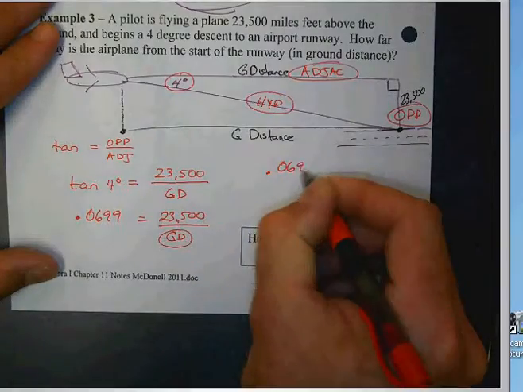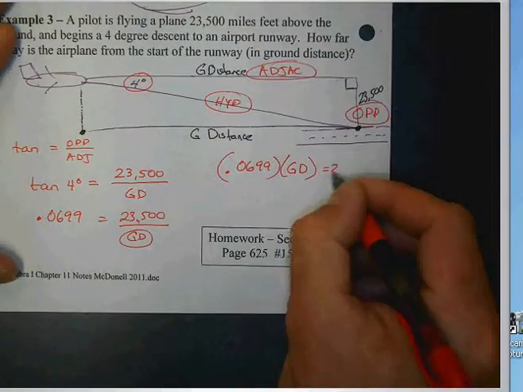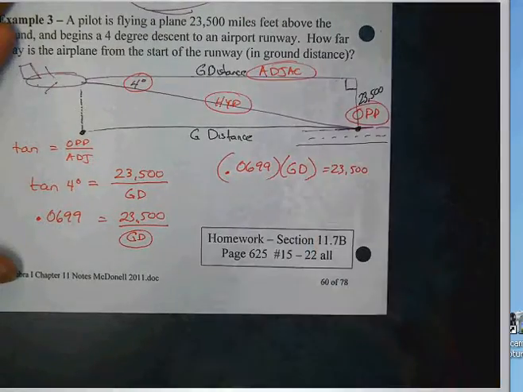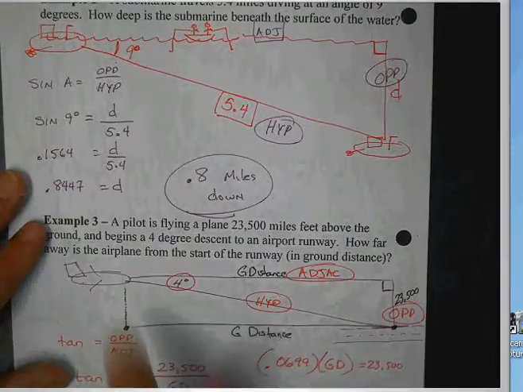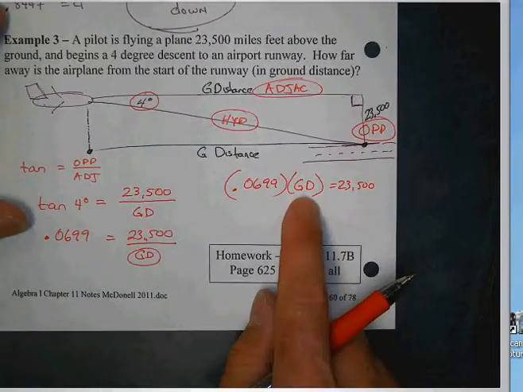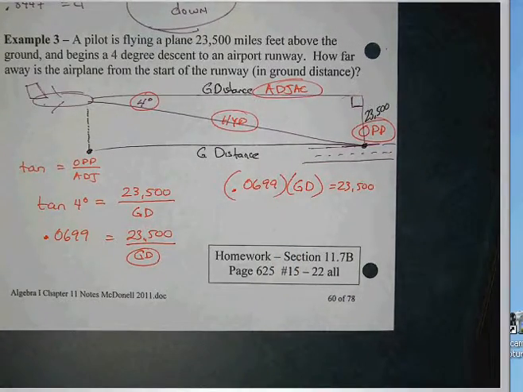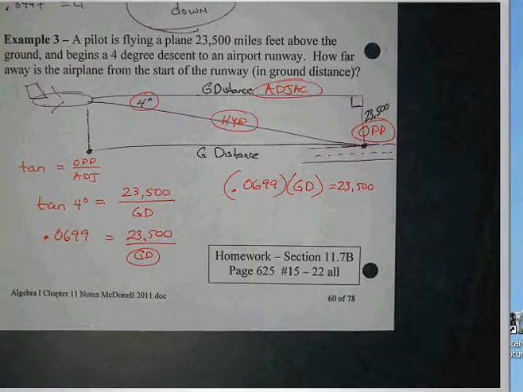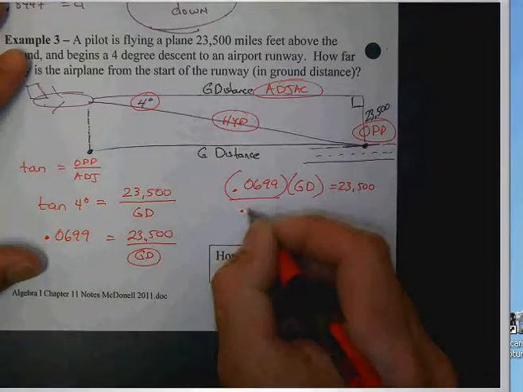0.0699 times ground distance equals 23,500. Now the ground distance is on the up. Just like over here we multiplied by 5.4, here we multiplied by ground distance. So now how do I solve for ground distance? What do you think, Luke? Divide. Yeah, just divide. So divide 23,500 by 0.0699.